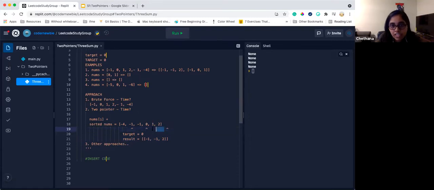You have to look at a fresher set of inputs, or a fresher set of I, left and right pointers. So you're here now, and -1 plus 0 plus 1 is going to be 0. So we have a good triplet. Let's add it: -1, 0, and 1. Cool.